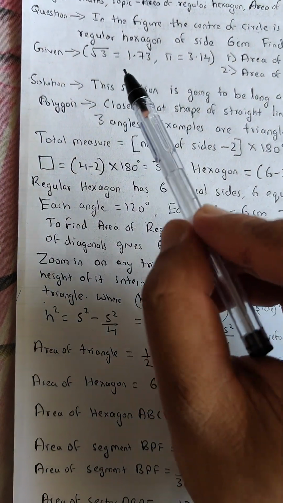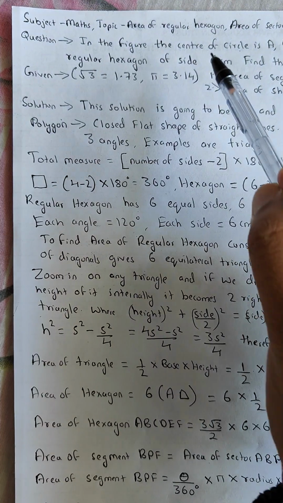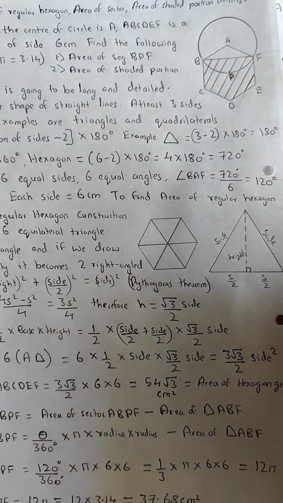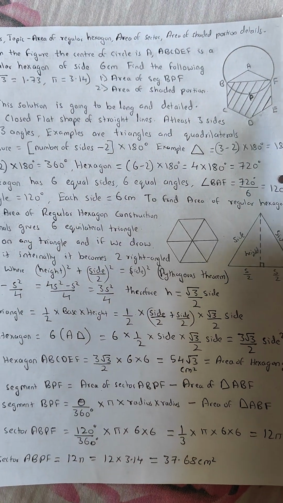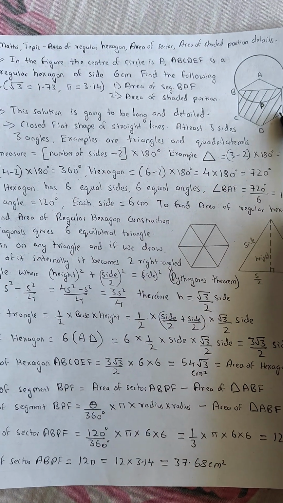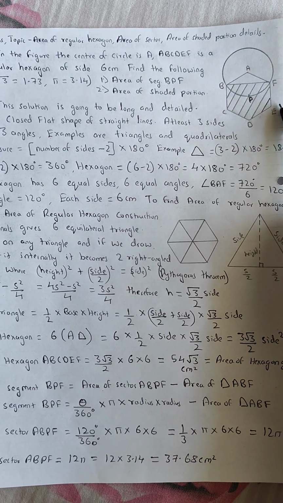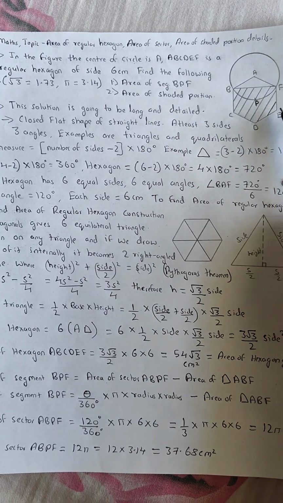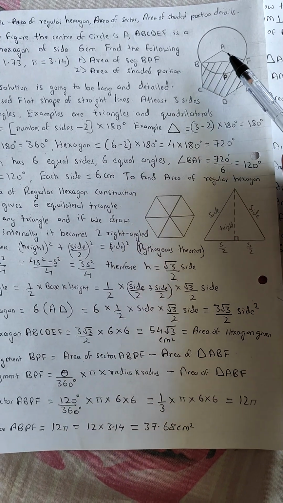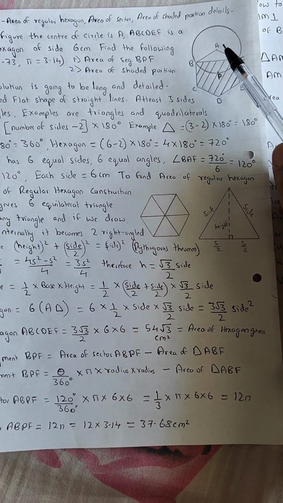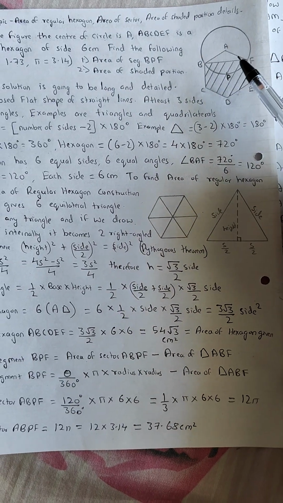In the question, it's given that in the figure the center of the circle is A. A, B, C, D, E, F is a regular hexagon. This is the regular hexagon I'm talking about.